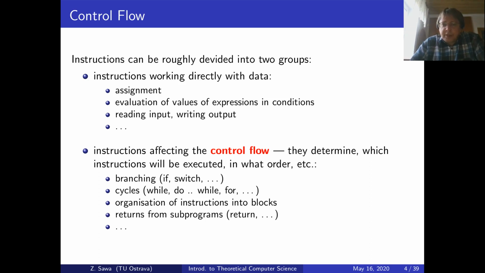This way of combination is called control flow, and it includes branching, so statements like if and switch, and different kinds of cycles like while, do while, for, and so on. It also includes sequential composition, when we have several instructions and order them into some particular block of code. This also includes entering into subprograms and returning from subprograms, and so on.